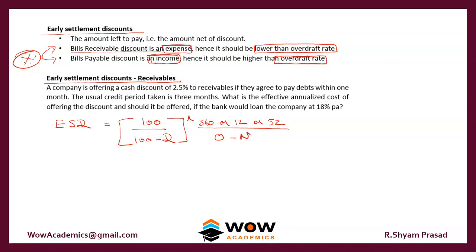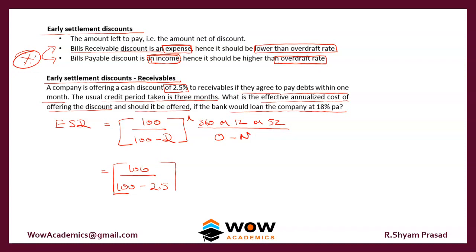The company is offering a cash discount of 2.5% for receivables if they agree to pay debts within 1 month. The usual credit period is 3 months. What is the effective annualized cost of offering the discount, and should it be offered if the bank would loan the company money at 18%? We'll start with the important numbers here. 100 divided by 100 minus the discount of 2.5.